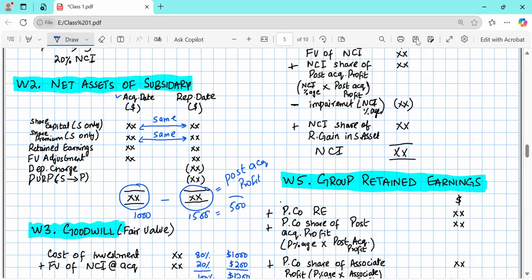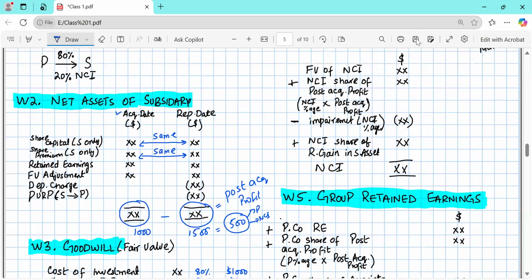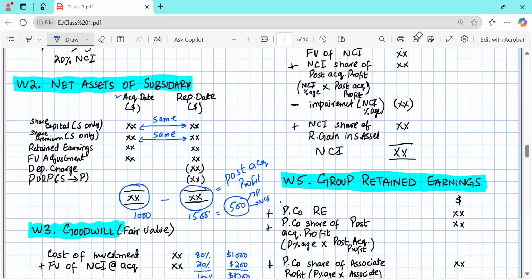Now that 500, you have to share between the parent and the NCI, because NCI is holding a few percentage of the subsidiary as well, right? If there is an increase in the reserves of the subsidiary, NCI will get their share as well. Have you got this point?